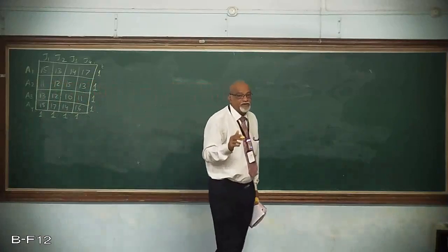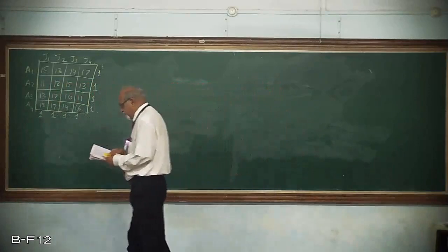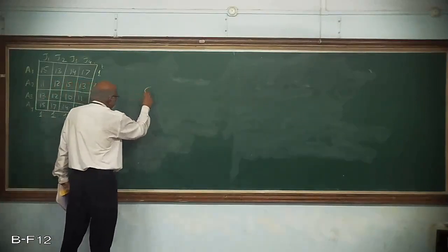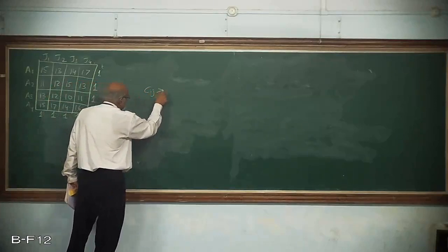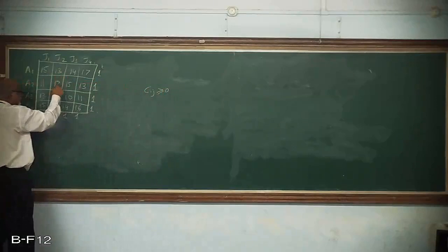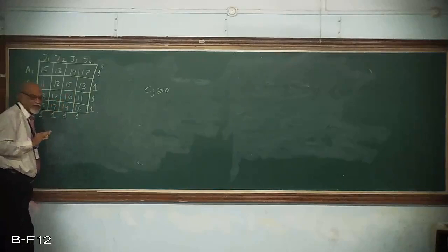That is what it means. And the second theorem states that if all Cij's are greater than or equal to 0, that means whatever the values I have given, they are all maybe 0 or maybe greater than 0. No question of negative. Try to understand that.